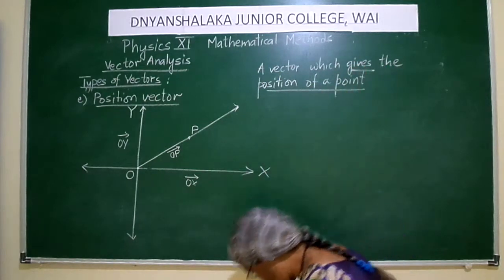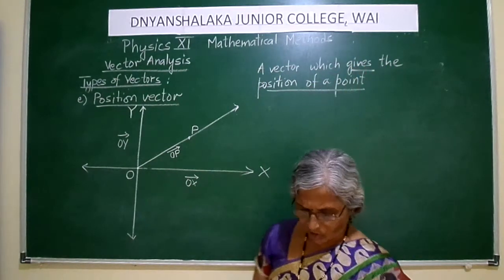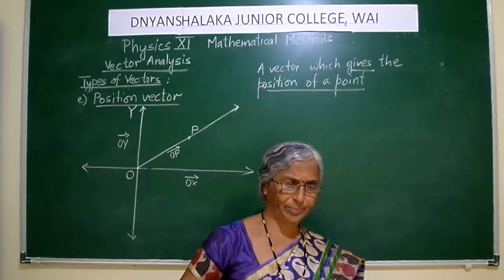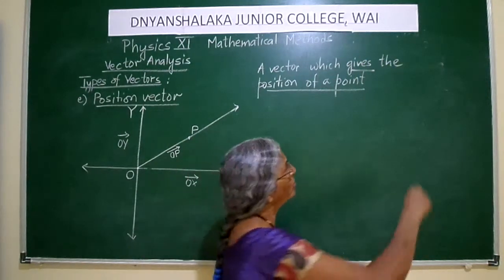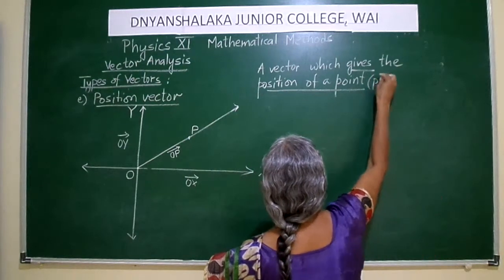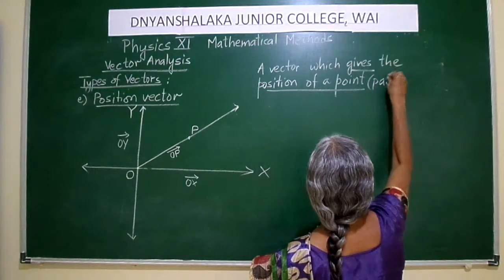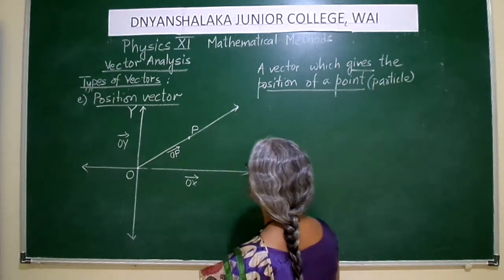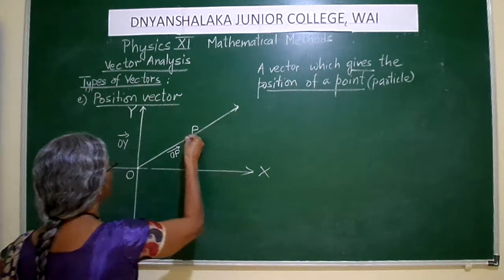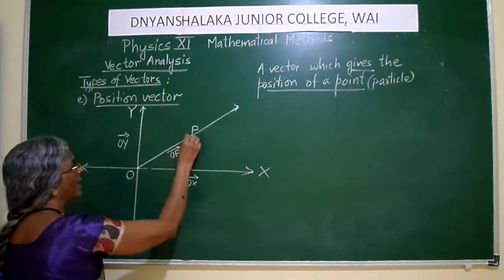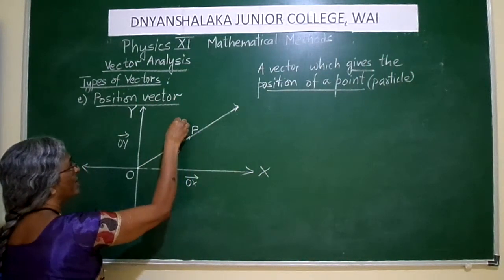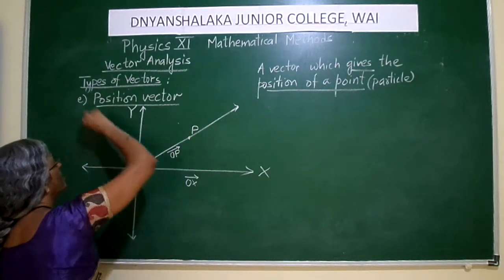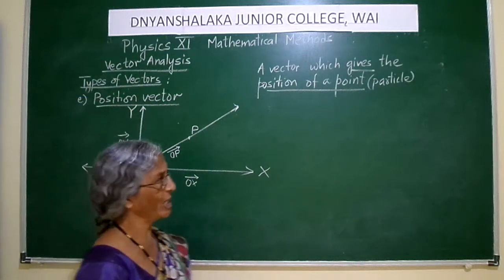A vector which gives the position of a point or a particle, okay, with respect to, so this point will be representing, say, a particle in motion. This particle, say, if it is in circular motion, moving like that, at this instant it is at this point, next instant it will be here, next instant it will be here. Accordingly, the position vectors are going to change, okay.